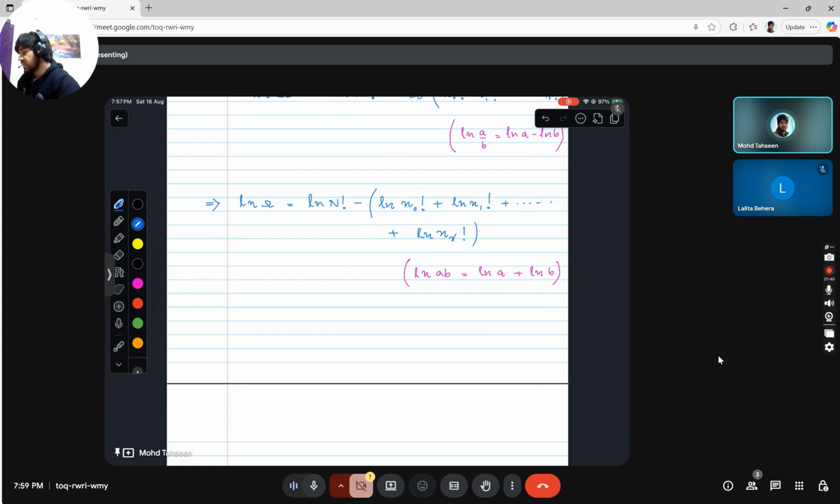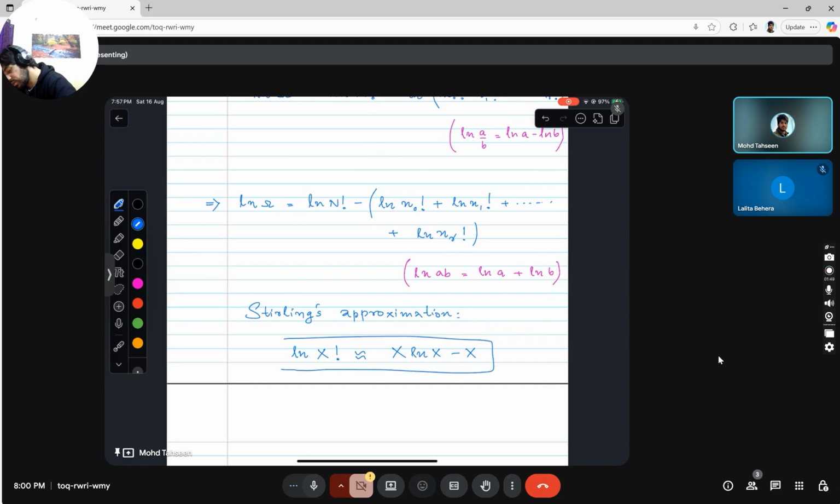There is a formula which is called Stirling's approximation, which says that log of any x factorial is approximately equal to x log x minus x.